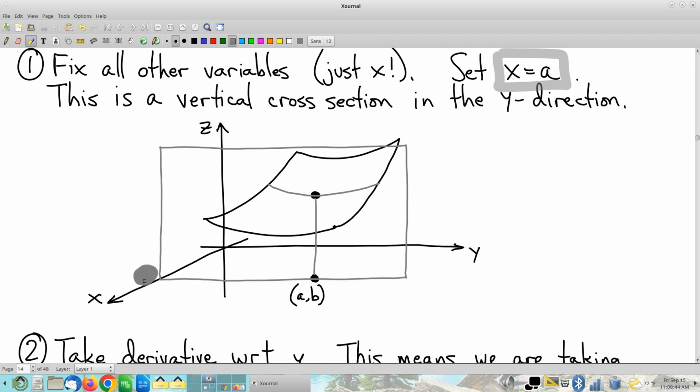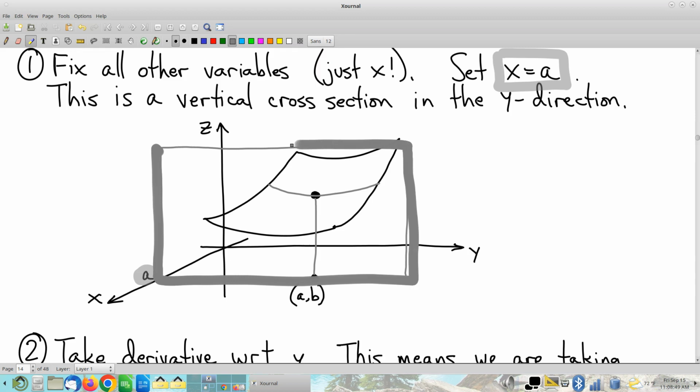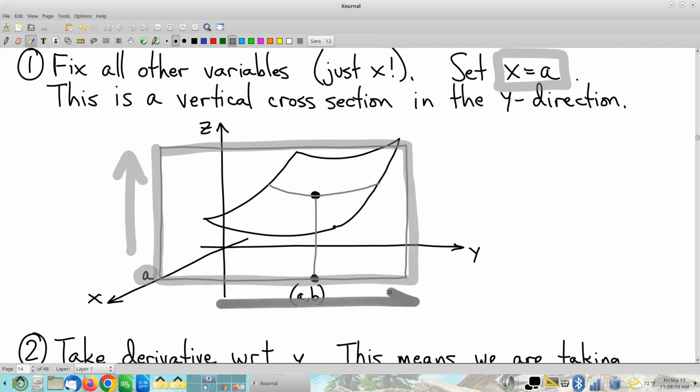So here's a constant value of x. That's a plane perpendicular to the x-axis. Said differently, that is a vertical plane, you might say in the y direction. A constant value of x.